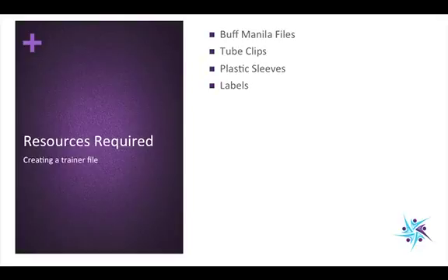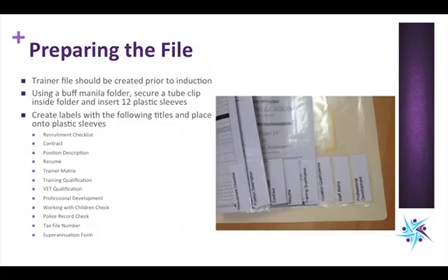You don't need clear sleeve folders or big folders or anything like that. Just a manila folder will suffice. You've got to remember you've got to file these things, and you could end up with a lot of trainers and then you've got no space left to put all your files if you end up doing big folders. You're going to need some plastic sleeves and some labels.